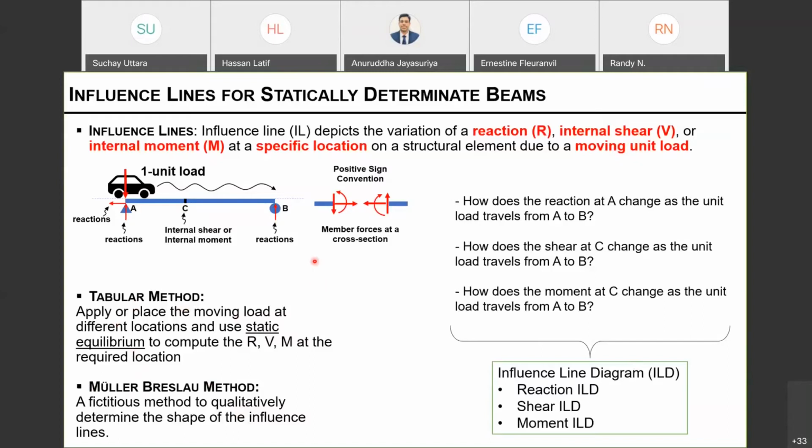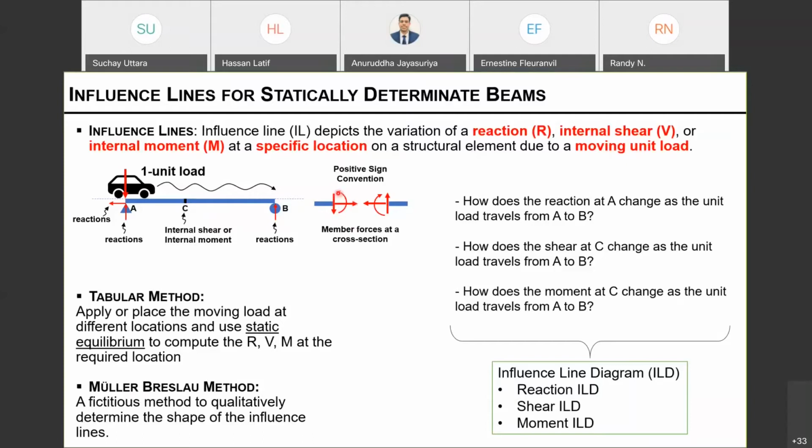No questions? And also, over here, this is the positive sign convention that we have already gotten used to. If you consider the left-hand side of the cut in a structural system, downward shear is positive. The axial load to the right is positive.